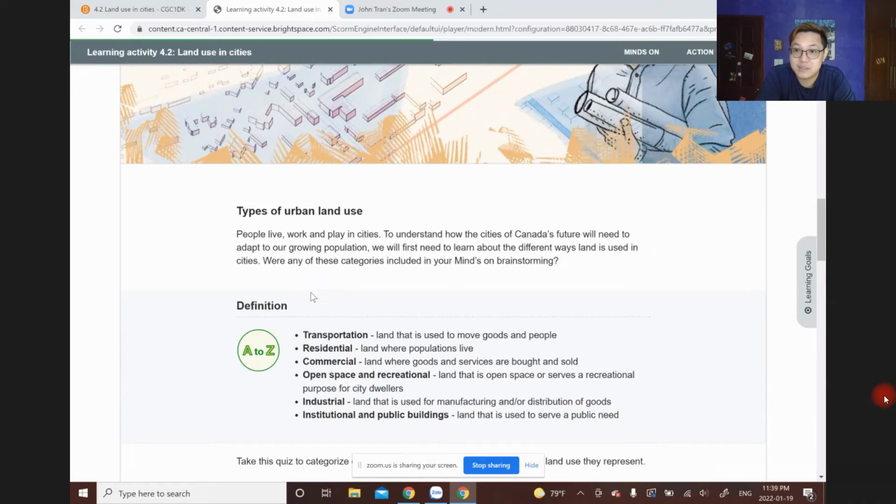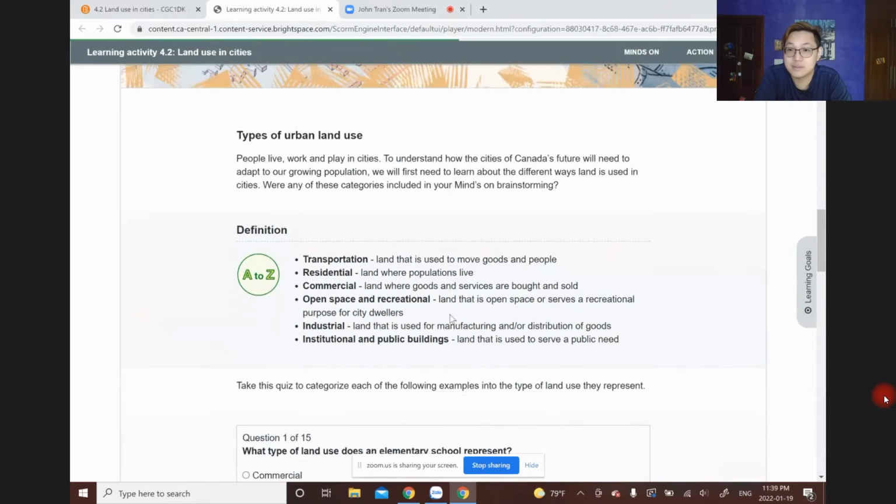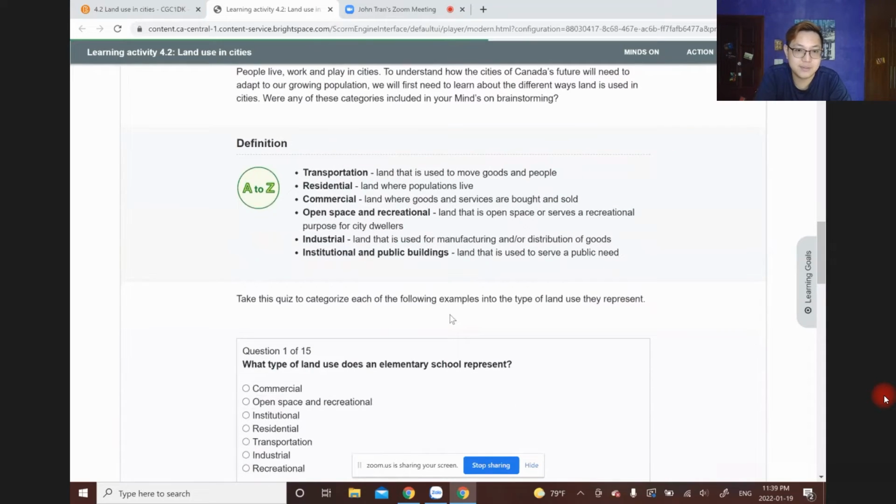Industrial basically means production, manufacturing, and distribution of goods. Institutional and public buildings are mostly schools, hospitals, and governmental buildings.